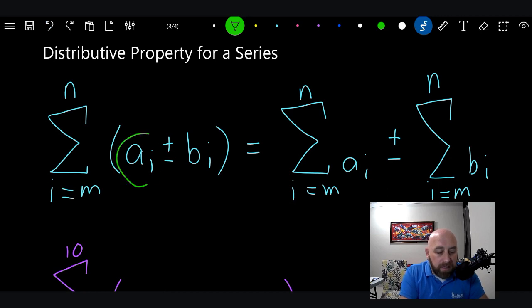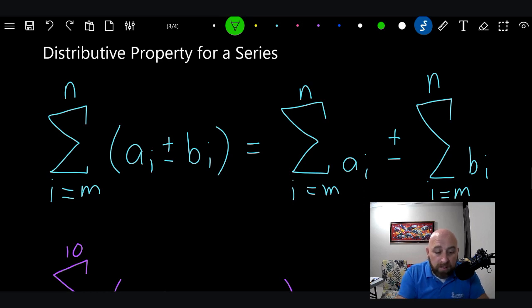And so now here, what do we have? Look what we have. We have a letter, but what is it? That's a variable, okay? So whatever I is, plus or minus, whatever B is, what does that look like? How do we solve that?